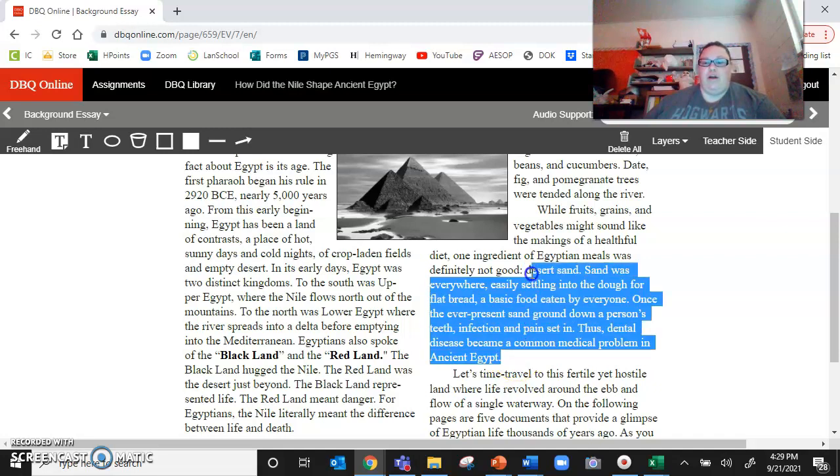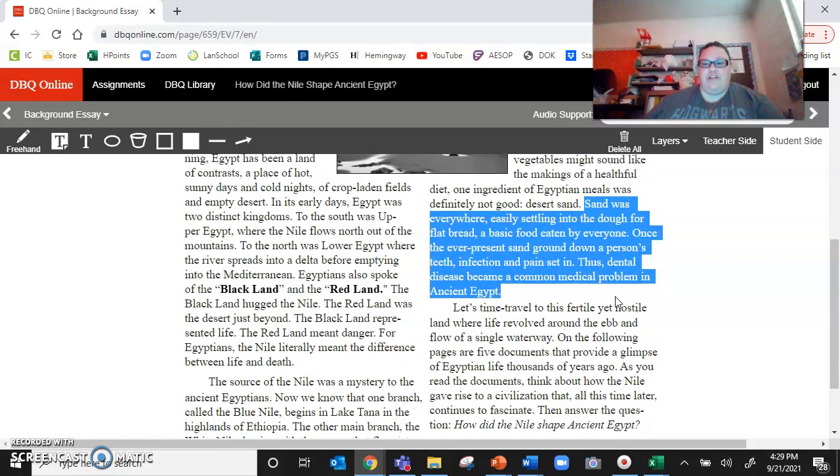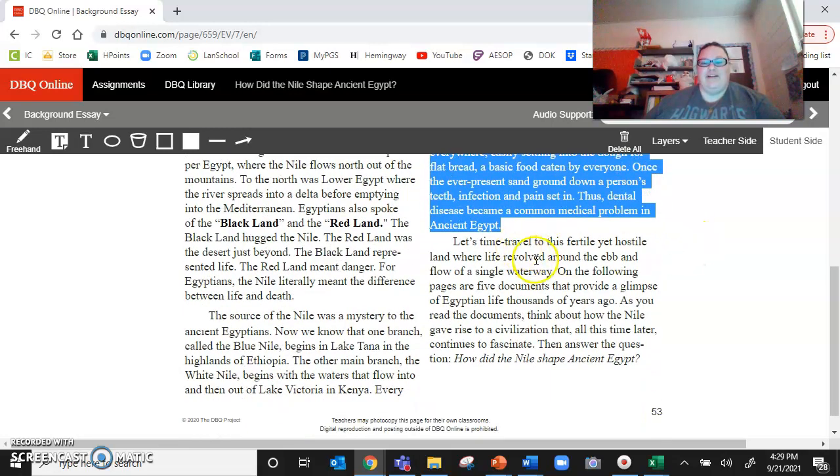So, what are the dangerous health issues, the health dangers for sand? You can copy directly from the text or you can paraphrase, but when you copy from the text, make sure you include your quotation marks. Awesome, let's finish it up.